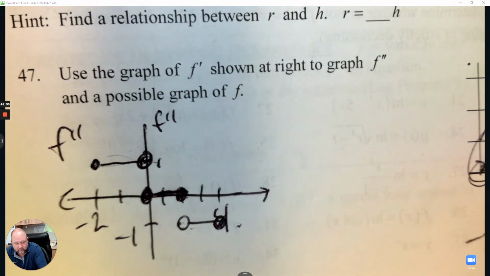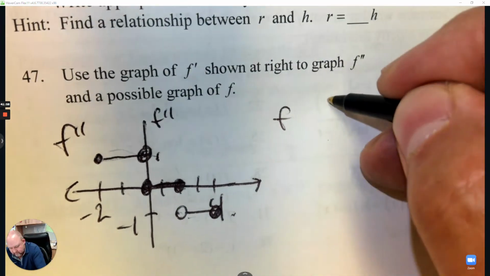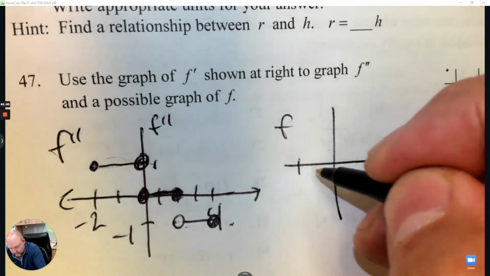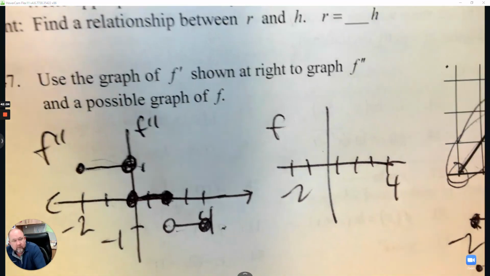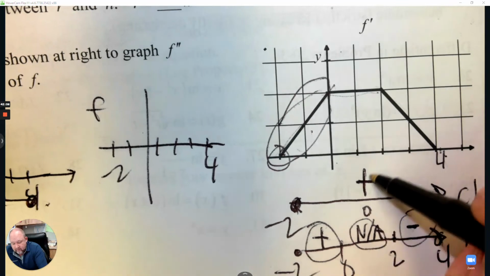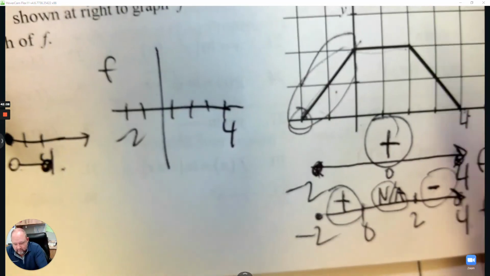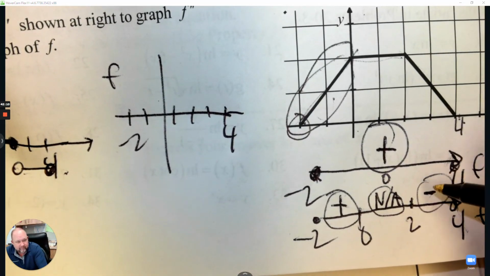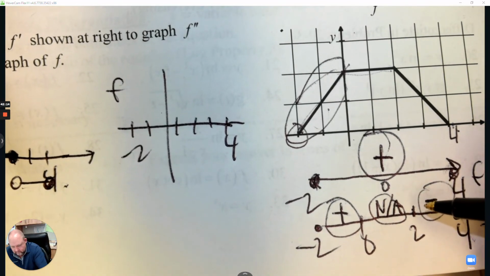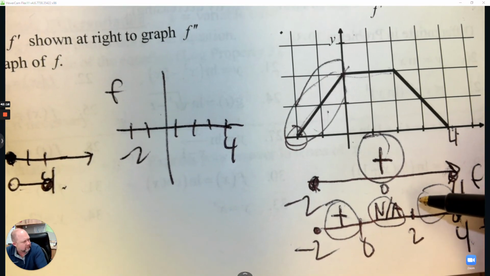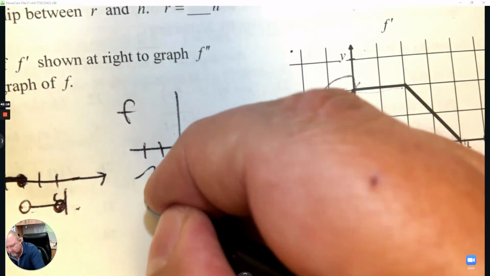That's what that shows. The whole function is rising, and it goes concave up, and then a line, and then concave down. And there's no starting point, right? So wherever.